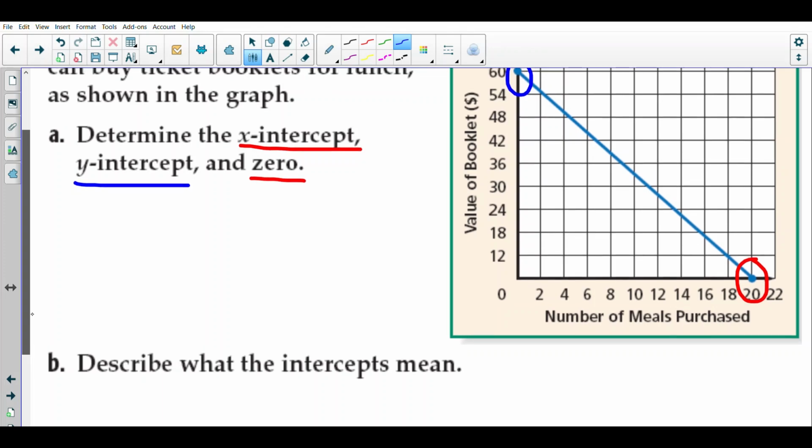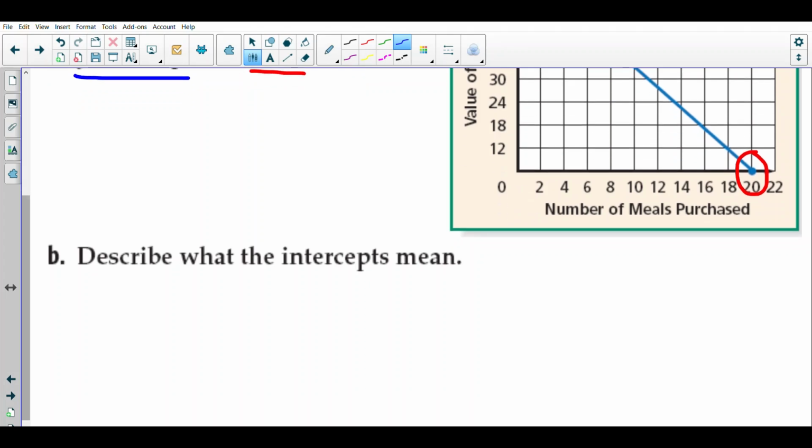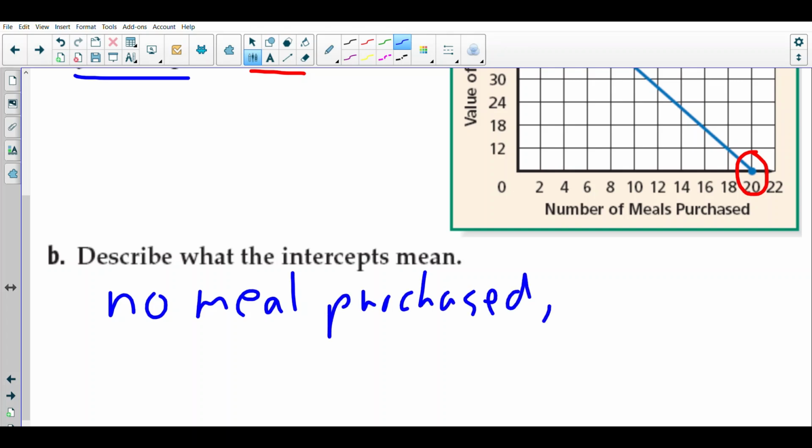So describe what the intercepts mean. If we look at this, the y-intercept is when the number of meals purchased is 0, so (0, 60). Number of meals purchased 0, so the booklet is worth $60. So no meals purchased, booklet worth $60.